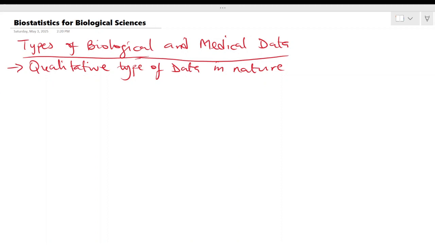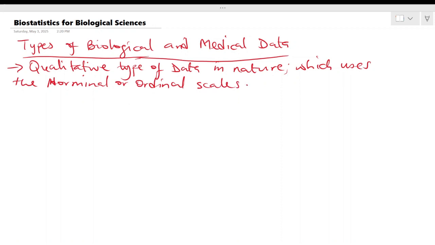Nominal and ordinal scale. So qualitative type of data in nature, which uses the nominal or ordinal scales.